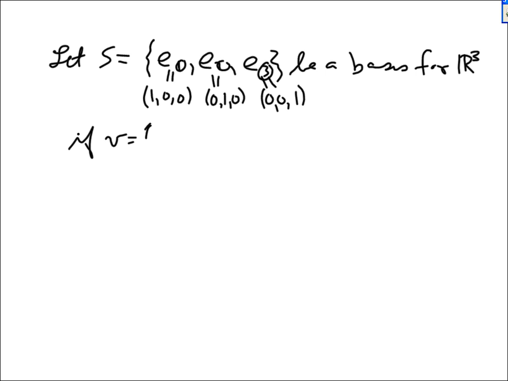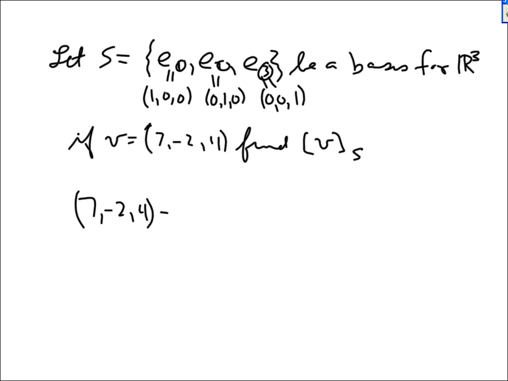If little v is 7, -2, 4, find the coordinates of vector v with respect to the basis S. Now, this one is simple because 7, -2, 4 is just 7 times E1 minus 2 times E2 plus 4 times E3.